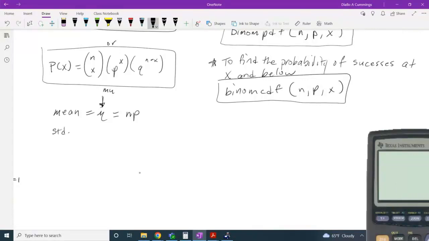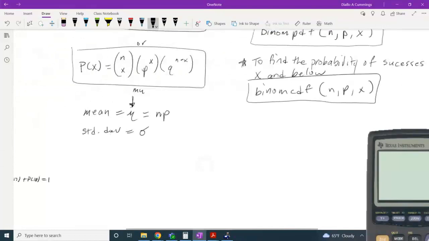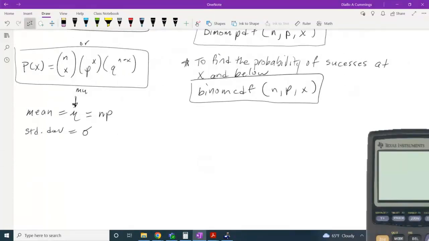The standard deviation that can also be written as sigma. So this circle with the funny looking squiggle toward the top, that is sigma. Okay, that's also one of the Greek letters of the alphabet.